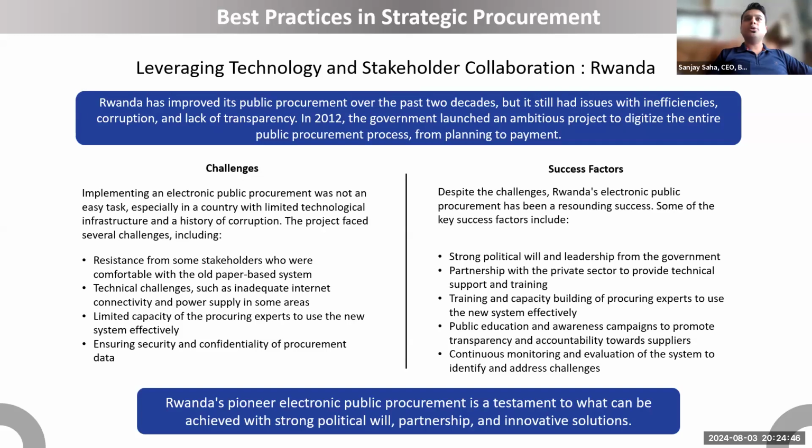Now, what is e-procurement? E-procurement is simply using an enterprise level system to manage all the processes, documentation requirement, and communication in a procurement process.